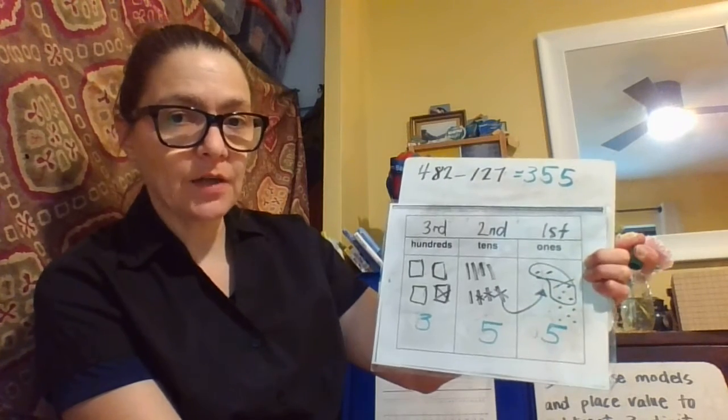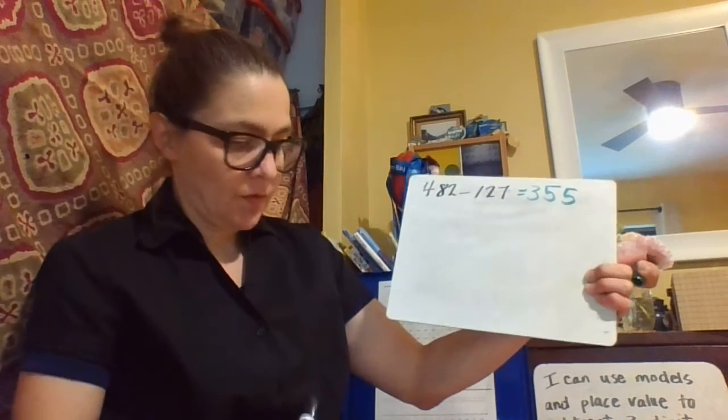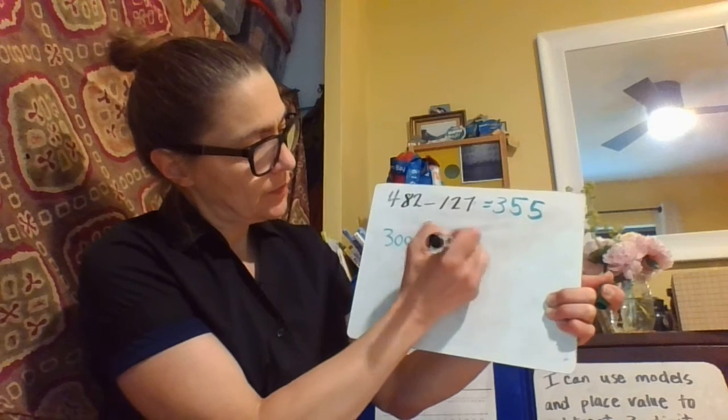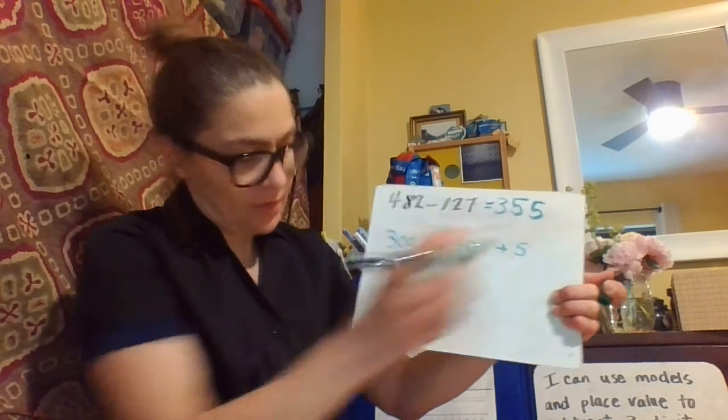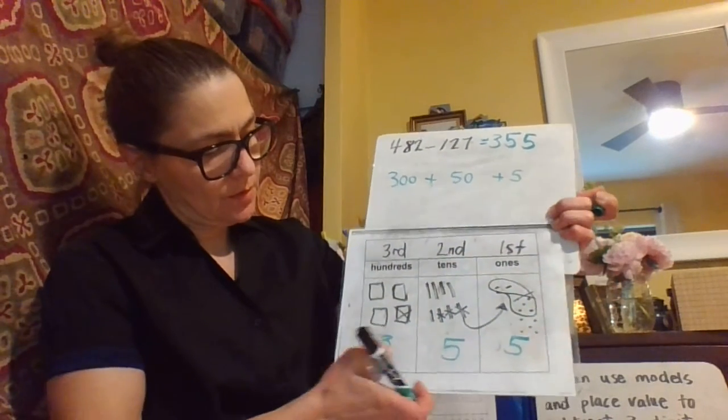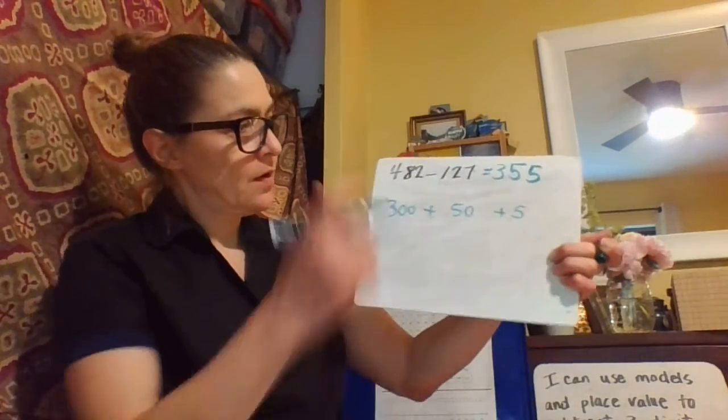So 355. So this would equal 300 plus 50 plus 5.